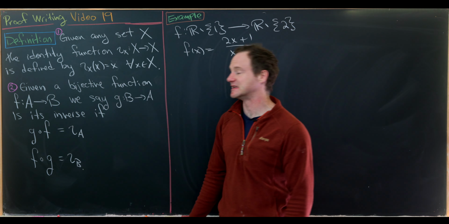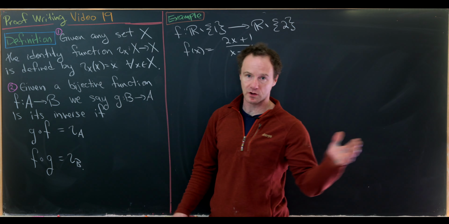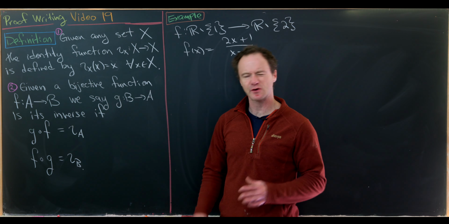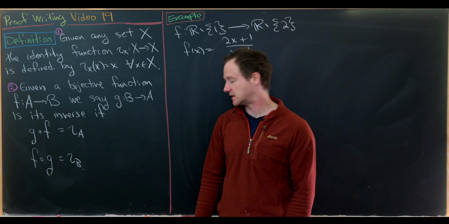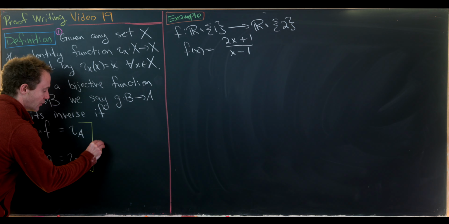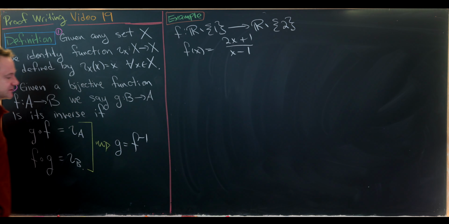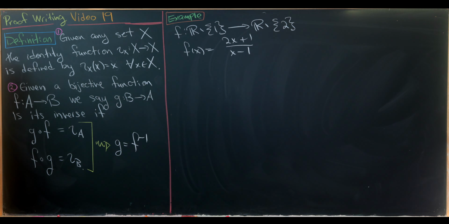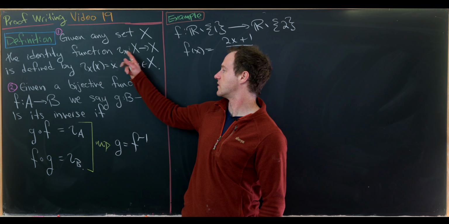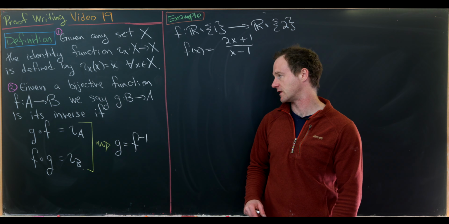G composed with f is the identity on A. Notice if we compose it in that order, we go from A to A. And then f composed with g is the identity on B. So if we compose it in that order, we go from B to B. Under this setting, we have a special name for g, and that is the inverse of f, so we'll write it as f inverse like this. There's a bit of stuff that we're skipping here, like how do we know that having a bijective function means that we have an inverse, but I think that's okay for now.